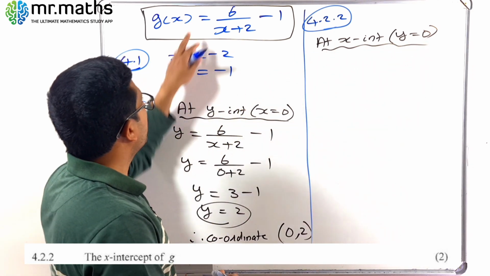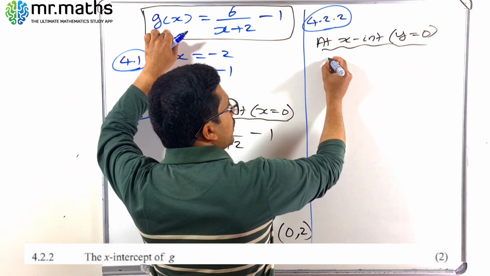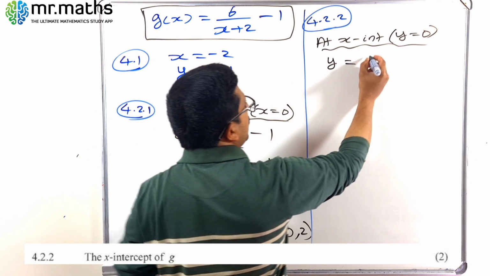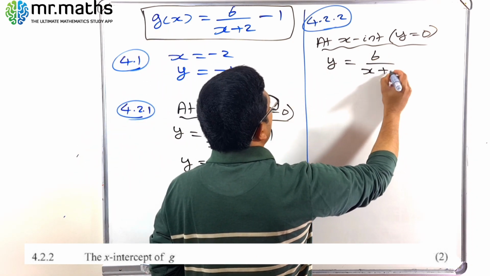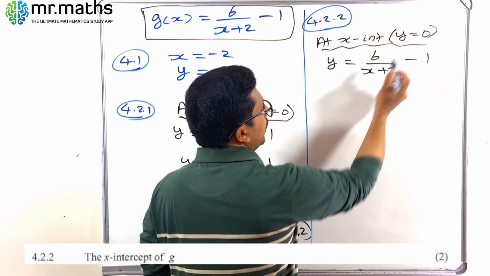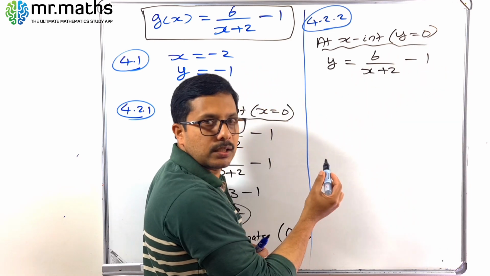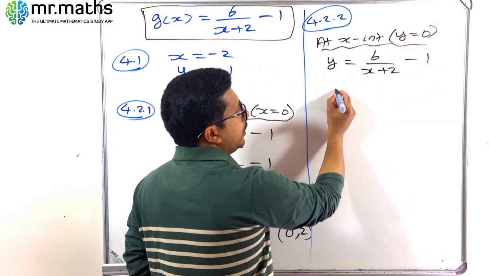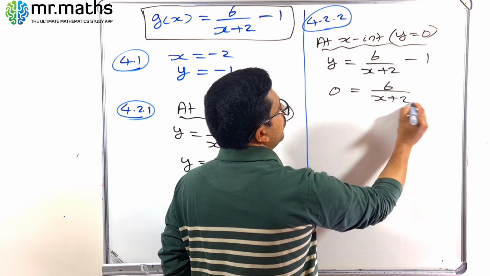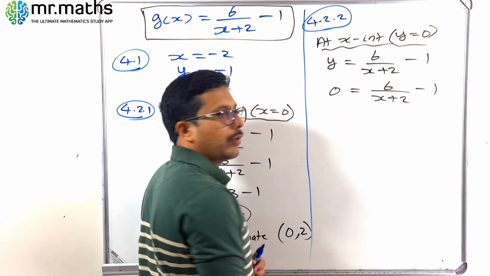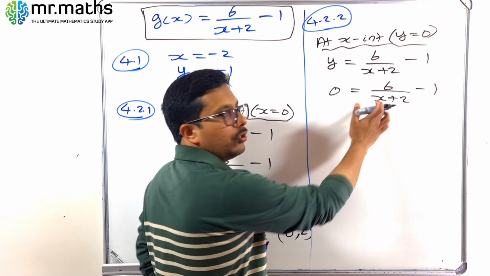Let's write the equation once more: g of x, that is y, is equal to 6 divided by x plus 2, minus 1. Here we substitute the value of y as 0. So 0 is equal to 6 divided by x plus 2, minus 1. From here we have to find the value of x.